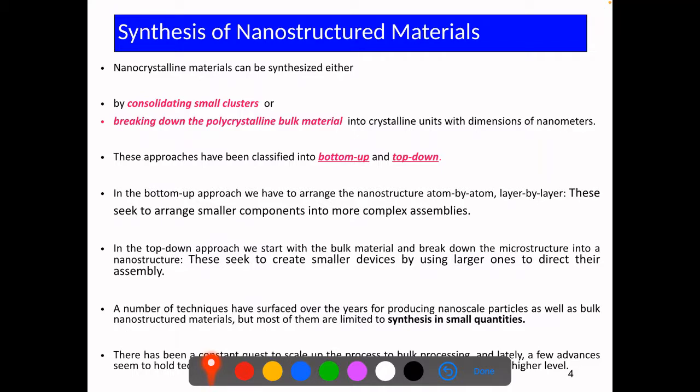But if you want to scale up your synthesis, and if you want to, at the end, make tons and tons of products, you have to find a way for scaling up your technology, which can limit you.